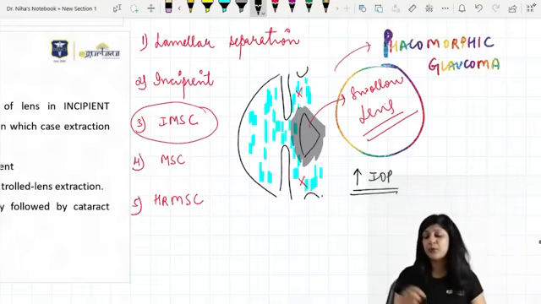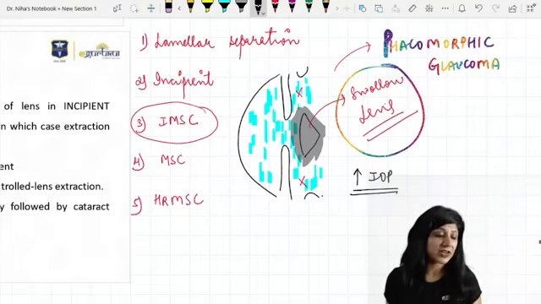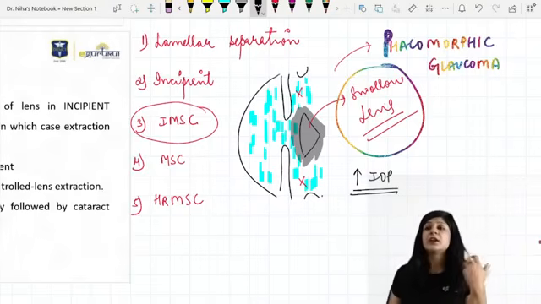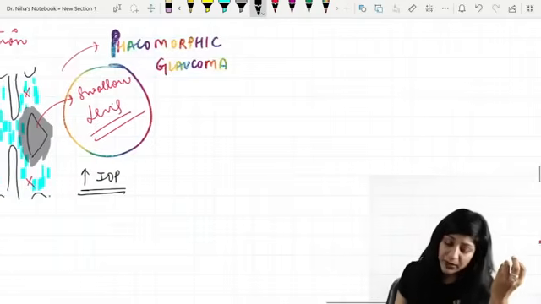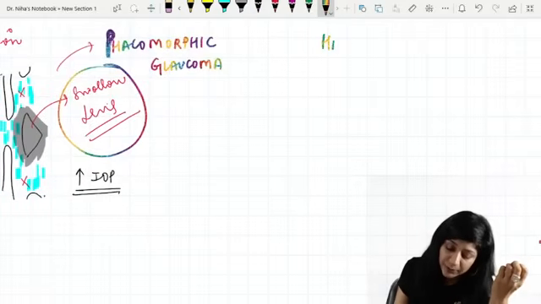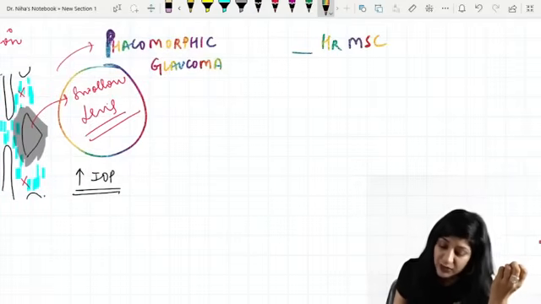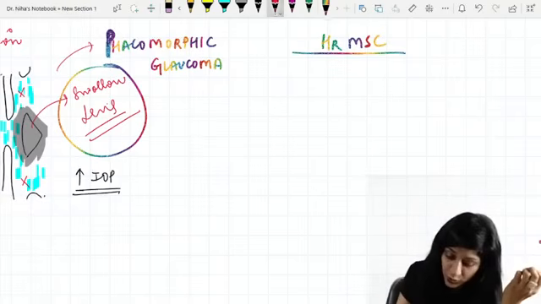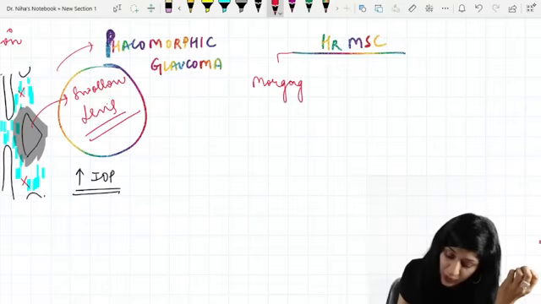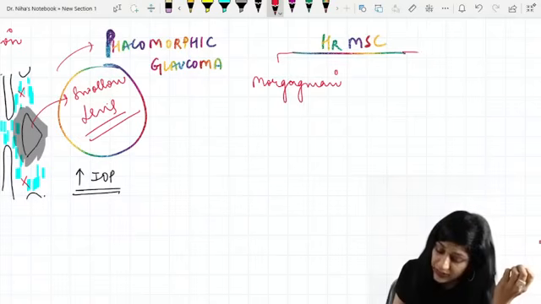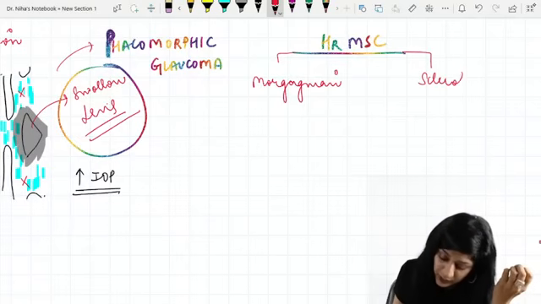So this is again important, why we are interested in the raised intraocular pressure. Another important thing is that maybe this patient has gone into hypermature senile cataract. If this patient has gone into hypermature, then either we can have the Morgagnian cataract, or I can have the sclerotic type of hypermature cataract.